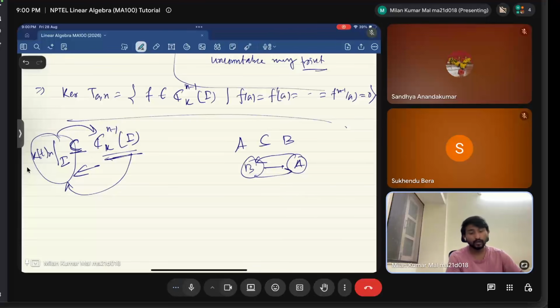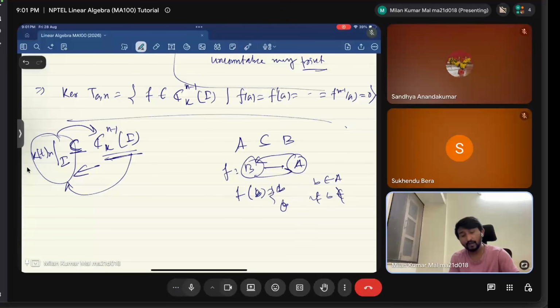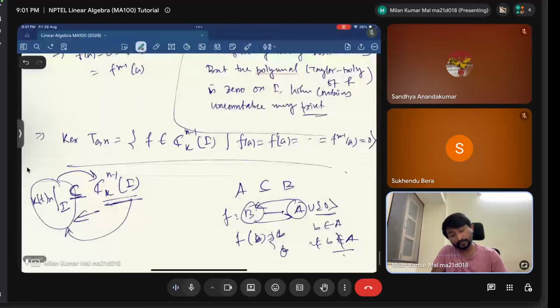If I want to give a map from B to A, and the entries in A map to themselves, then the entries not in A have no other way to be mapped, right? So the main point is this. I hope this is clear. So T_a is not injective.